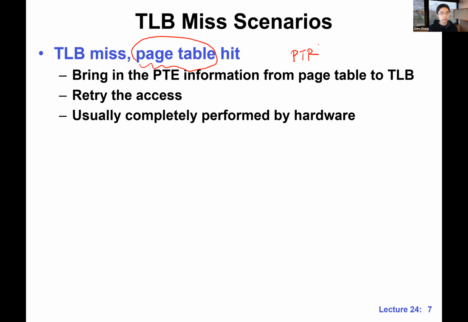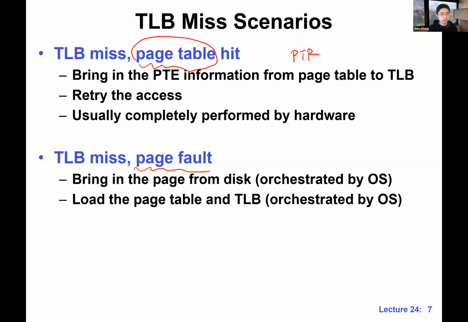We find the page table, and in case there's a hit, we just update the TLB. This can be done completely in hardware. Otherwise, if you have a TLB miss and also a page table miss, that means a page fault. This is one kind of exception that I'm going to introduce.